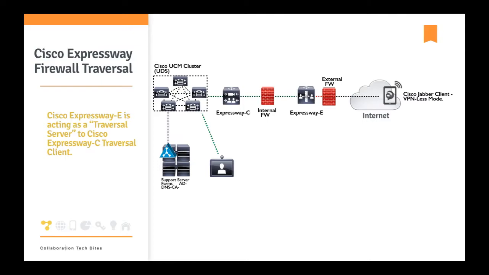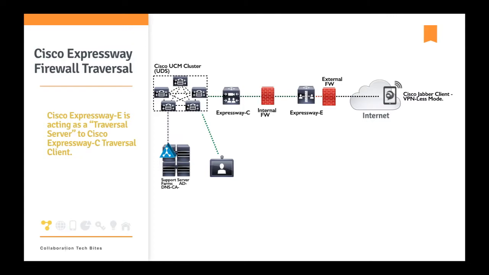And this always open tunnel will be the foundation of receiving registration requests from Cisco Jabber on the internet and proxying these requests through Expressway C.